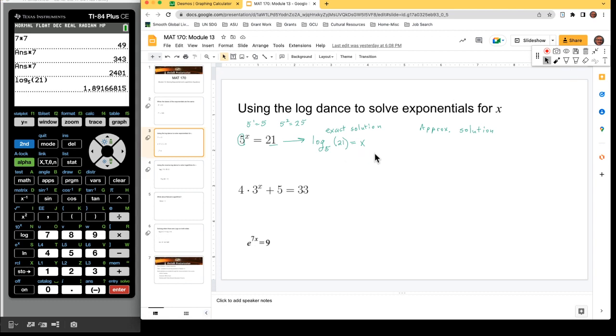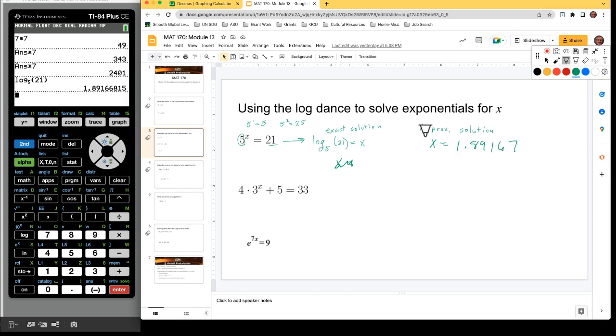So I'm going to write this as, I guess I had it set up over here to put the approximate. So I'll just get that one out of there. 1.89167.